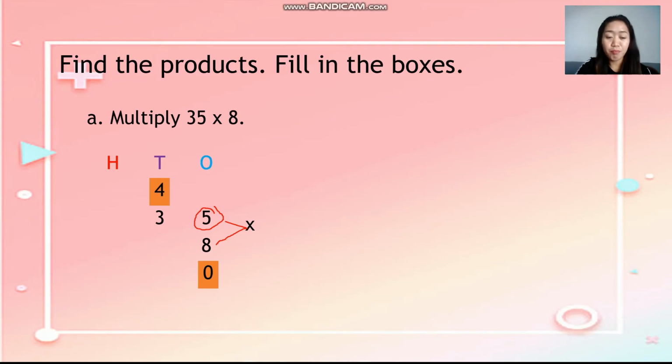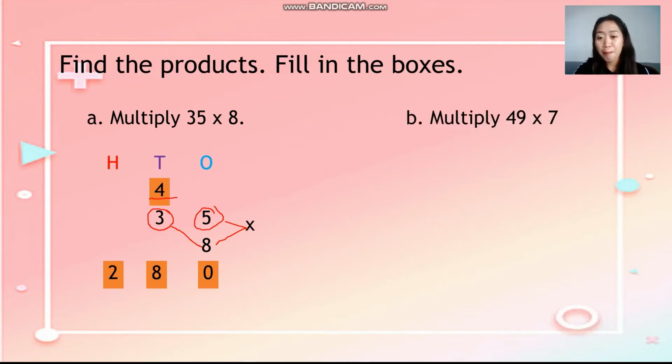Next, let's multiply 3 times 8, which equals 24. 24 plus 4 equals 28. We write 8 in the tens place and 2 in the hundreds place. So 35 times 8 equals 280. Okay, very good.